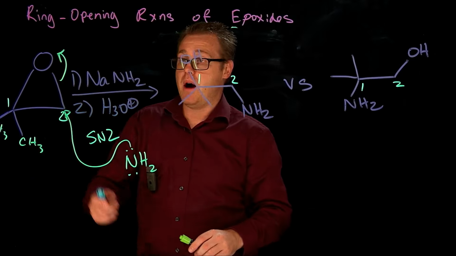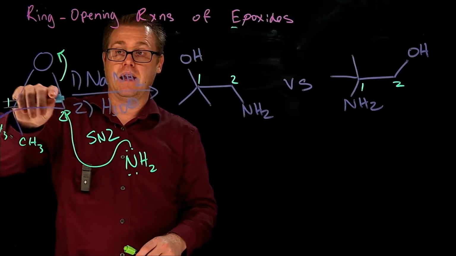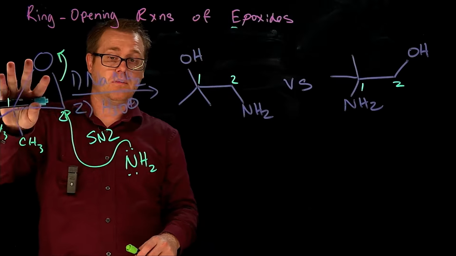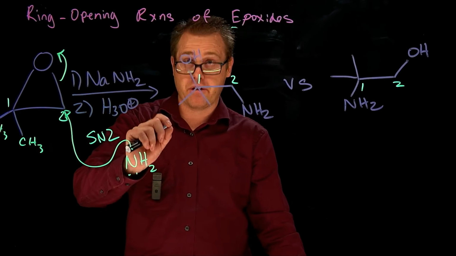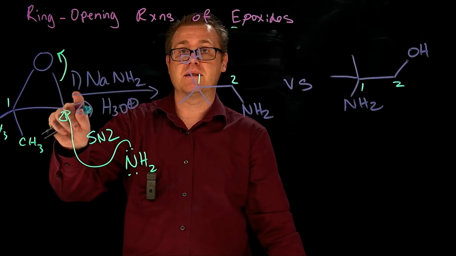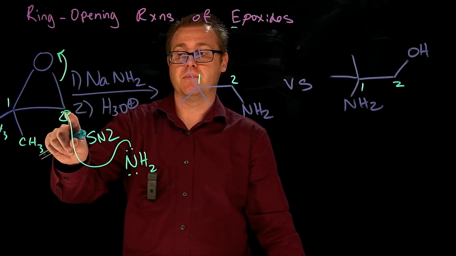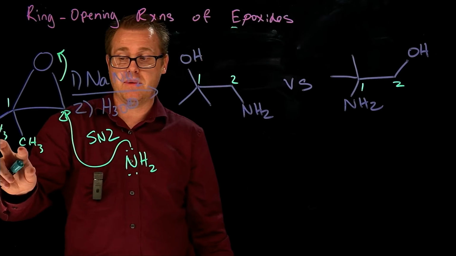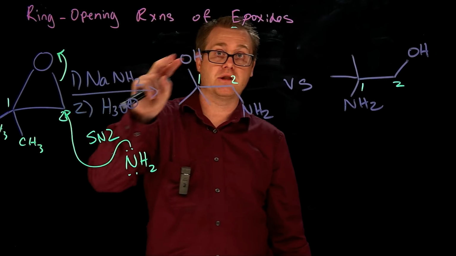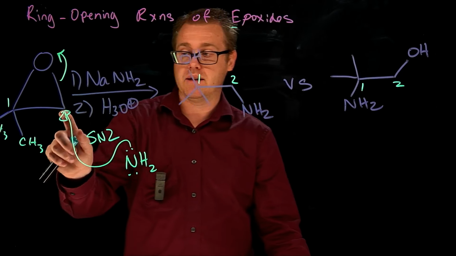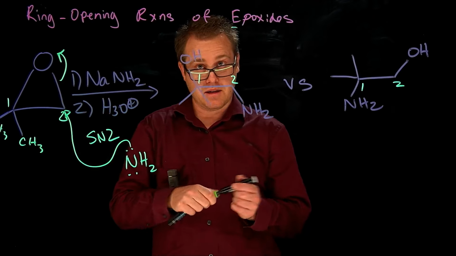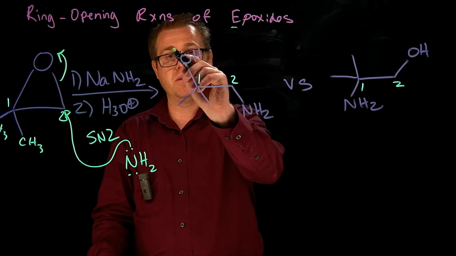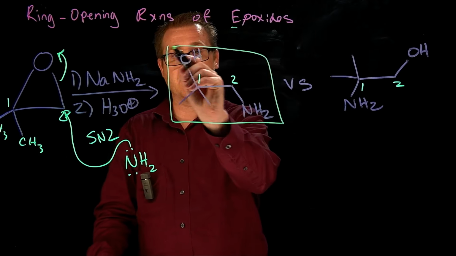When your epoxide is in its neutral form, the strong nucleophile is going to prefer the carbon that is less substituted. Carbon 1 has 2 methyl groups, whereas carbon 2 only has 2 hydrogens. So it's less substituted, so it goes for carbon 2. Our major product is going to be this guy right there.